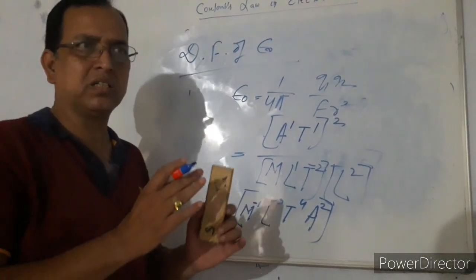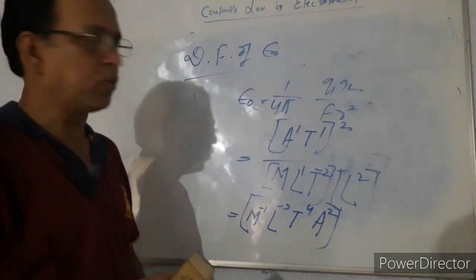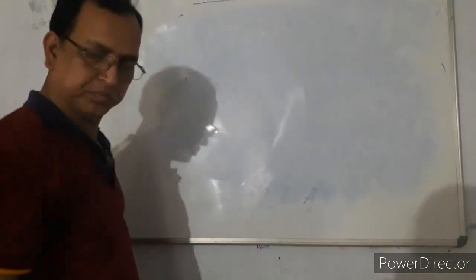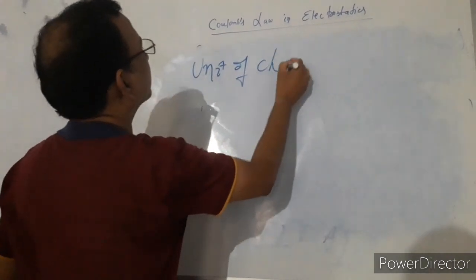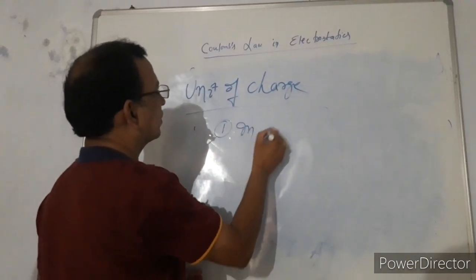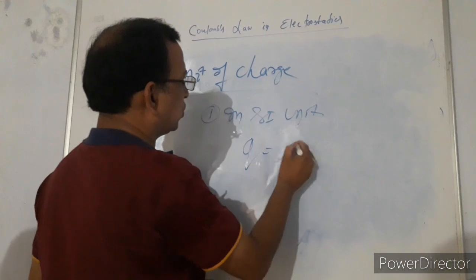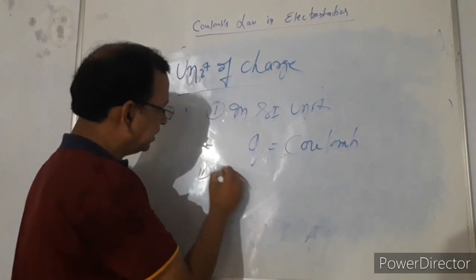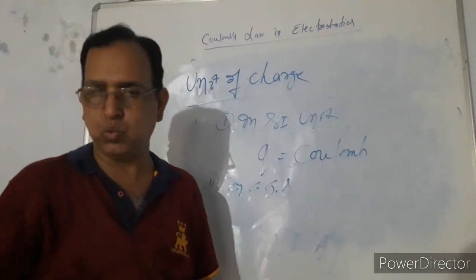So now, what is the unit of charge? You know, the unit in SI is coulomb. In CGS there are two types, ESU and EMU.